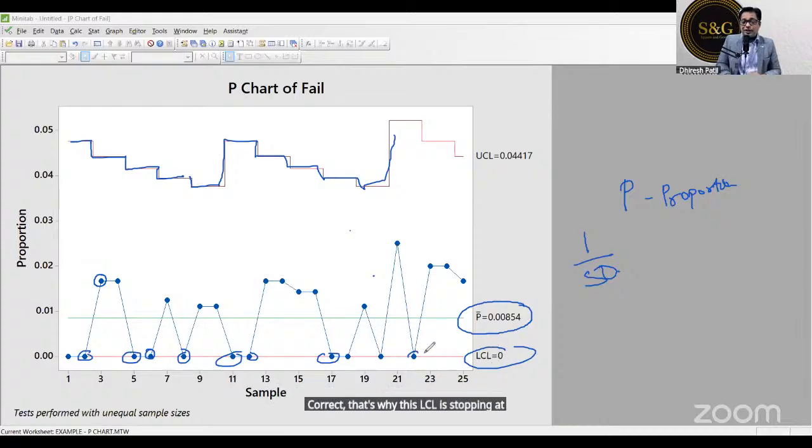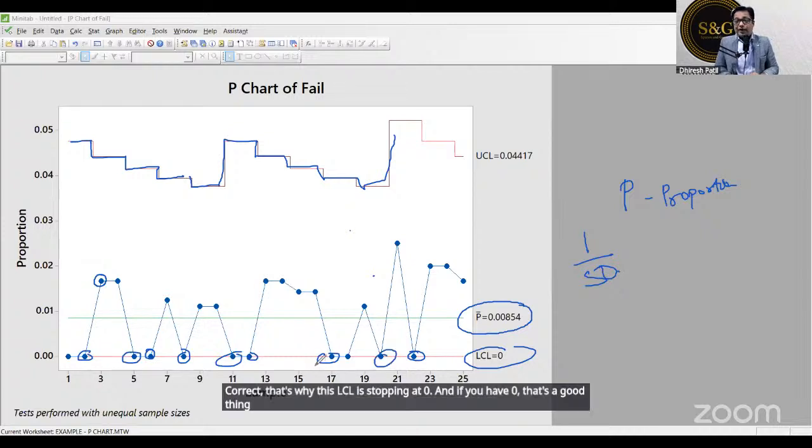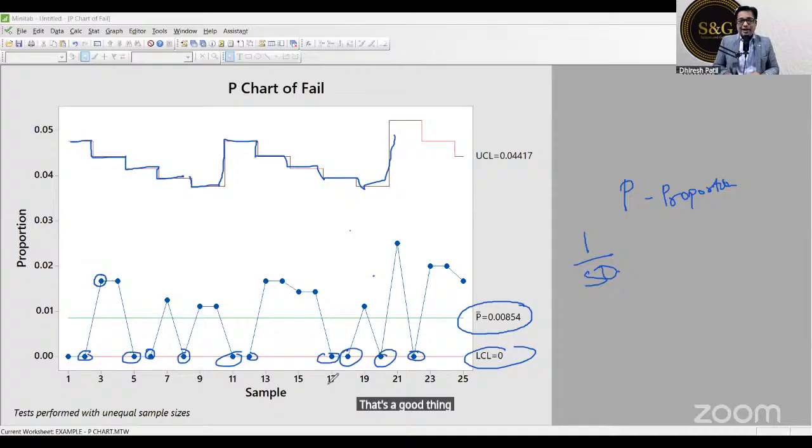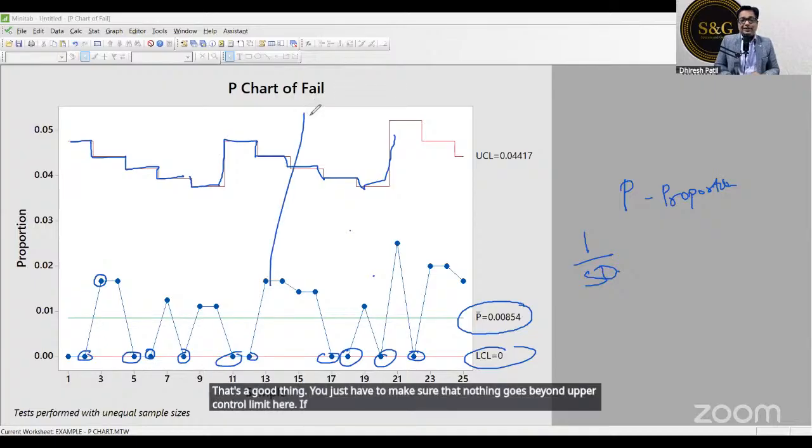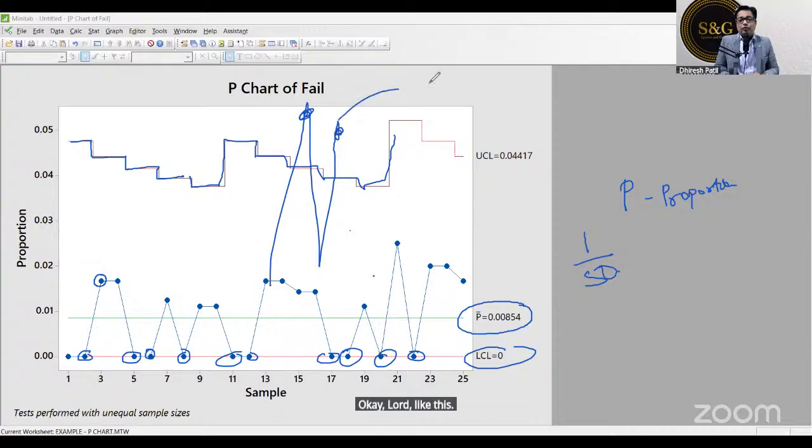And if you have 0, that's a good thing, right? So there is no failure in that classroom right now. You just have to make sure that nothing goes beyond the upper control limit here. If anything goes like this, or like this, then that will be a special cause variation, and that needs to be investigated.